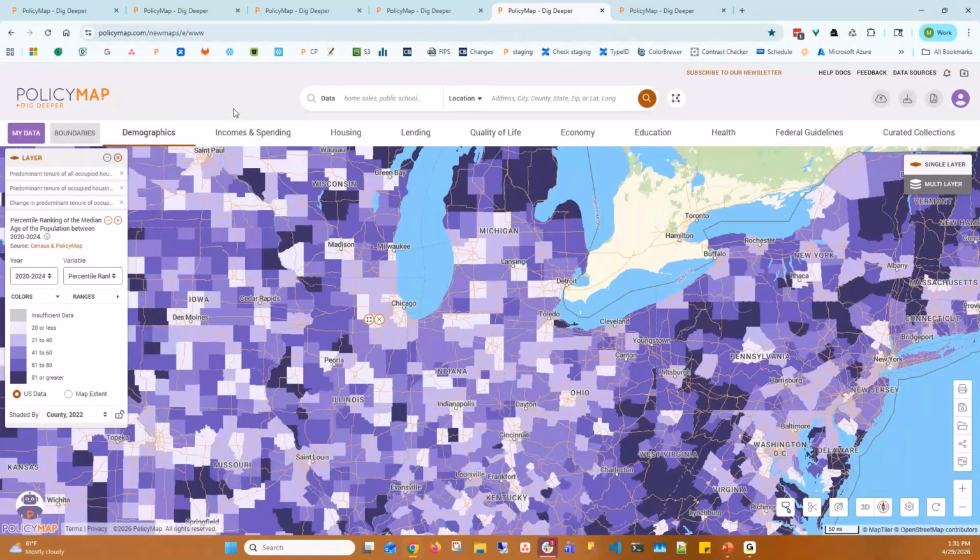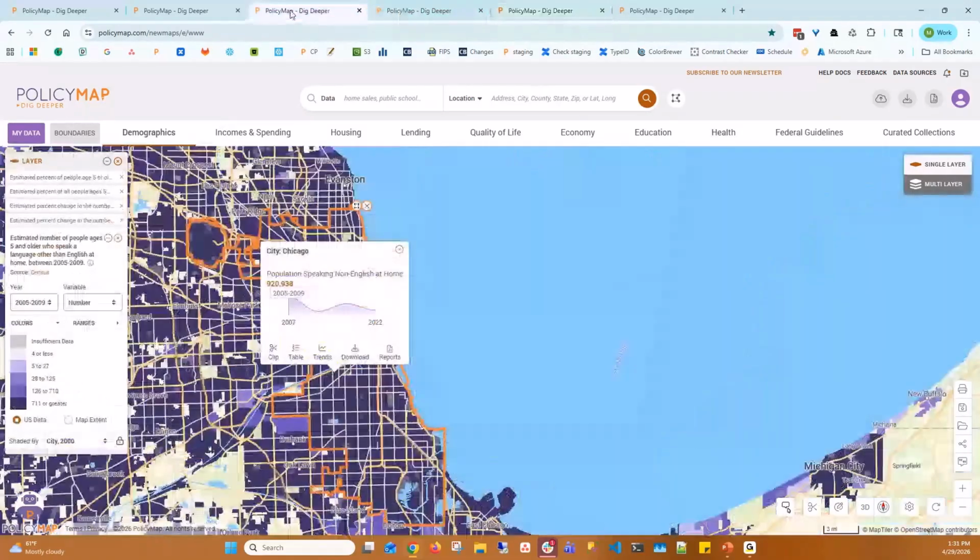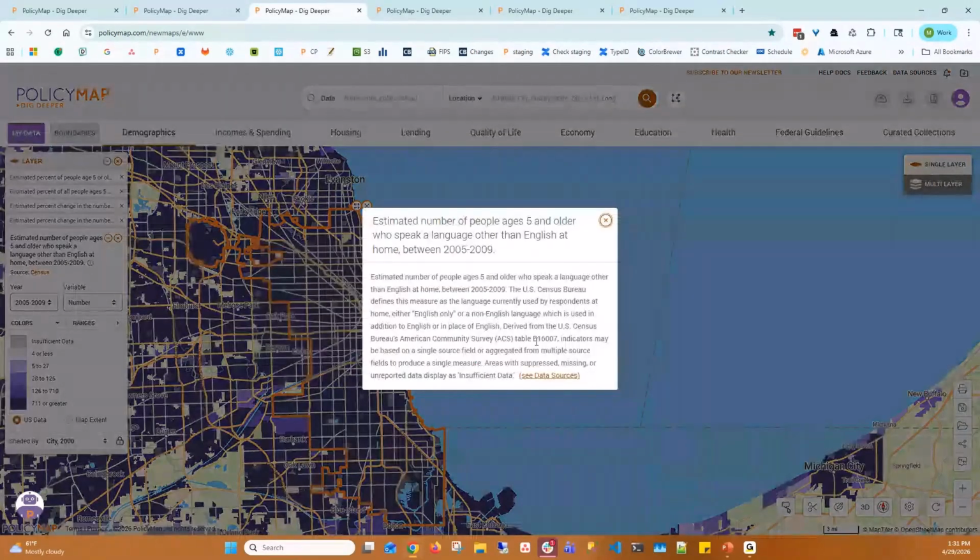I also want to point out, I might jump back to this one, that it can be challenging to know where the data is from. So we wanted to make it very easy for all of our users to know exactly what table we are deriving these indicators from. Now, as I said before, we do aggregate.